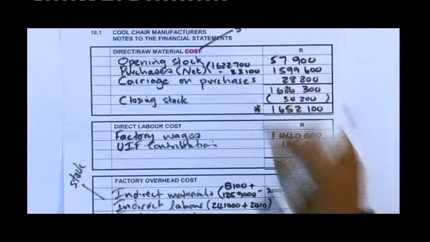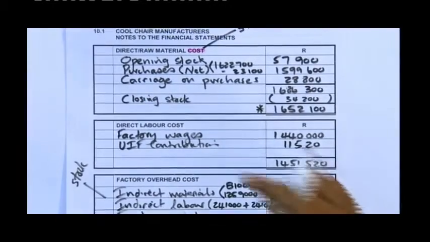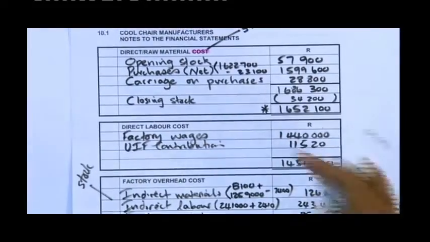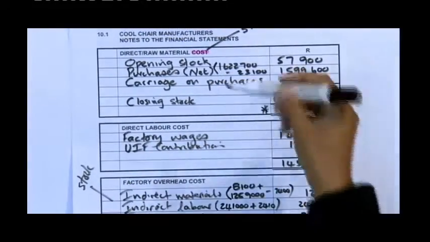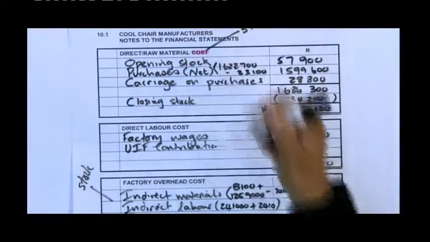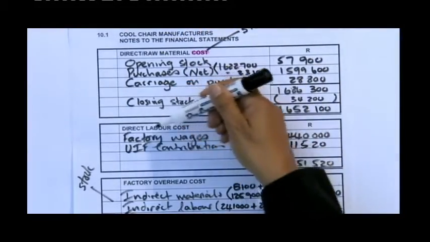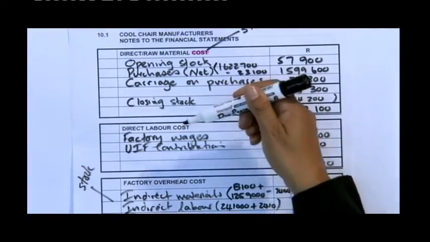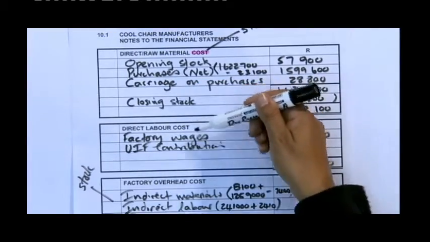Girls and boys, they will always ask you to do these notes, okay? Direct materials. Then they'll ask you to do direct labor. You need to understand that this is the main component of your item, and they'll also use the terminology. You need to know what direct labor is. They touch the item. They are the factory workers who make the item.